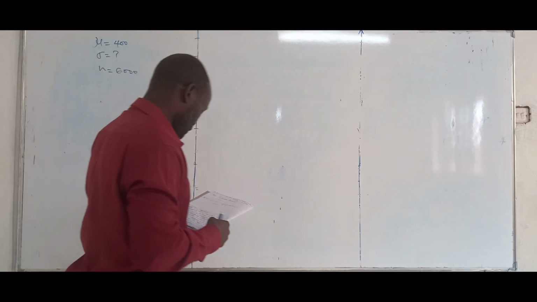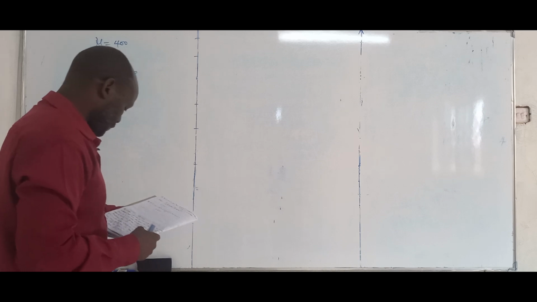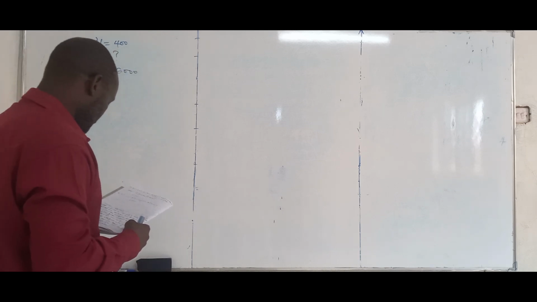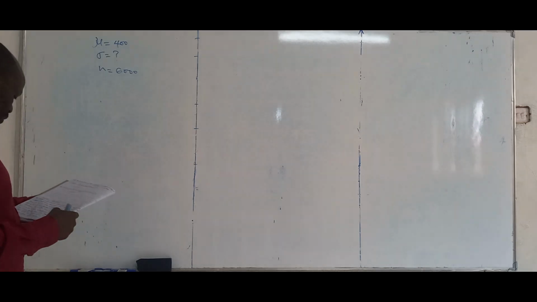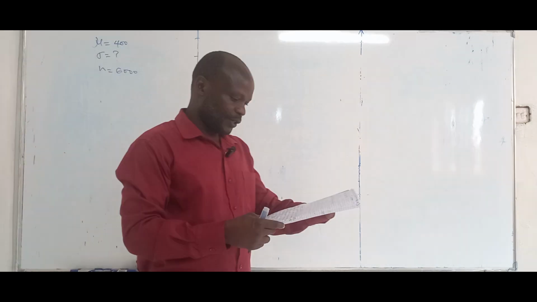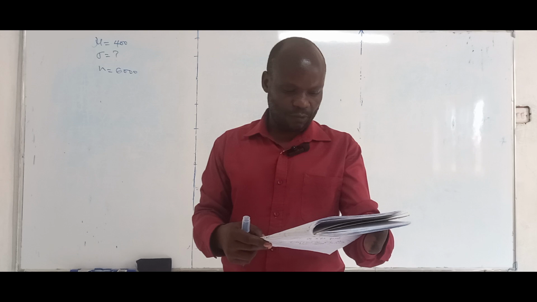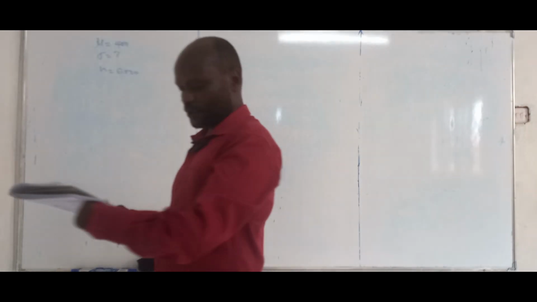Find the value of the standard deviation. So we are told that in a random sample of 6,000 packets of this type of biscuit, 225 packets weighed more than 410 grams.